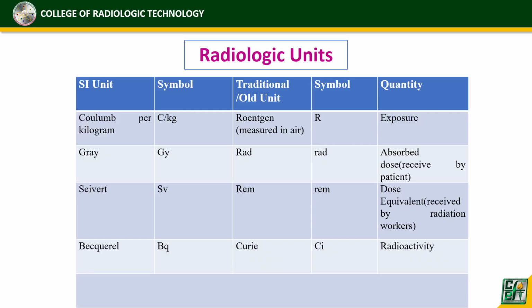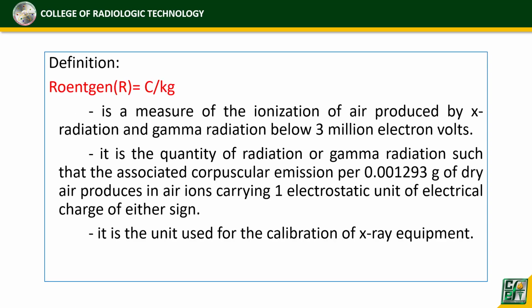Okay, babalikan natin yung mga radiation units. Baliktad pala ako kanina. Yung rad, yun yung received by the patient. Yung rem, yun yung sukat ng radiation na natatanggap ng radiation worker.